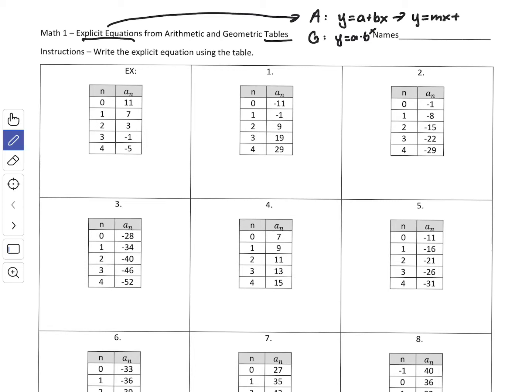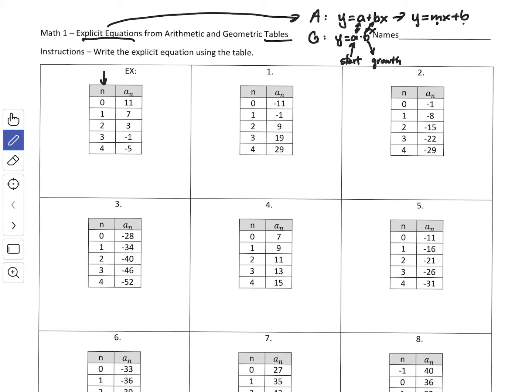Now you can write the arithmetic in slope-intercept format as well, but personally I prefer to write it this way because then we're using the same convention and I can treat it the same way about the start and the growth, as opposed to mixing up the letters and concepts.